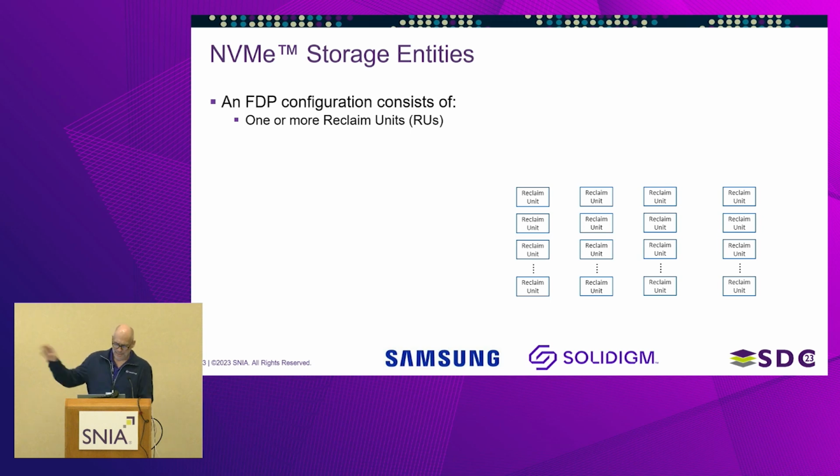The diagram here shows an overview of a drive. Within this cartoon of the drive, there are what are called reclaim units. A reclaim unit can be an erase block. It can be a stripe of NAND. It can be whatever configuration the drive or the manufacturer of that drive decides to set up.